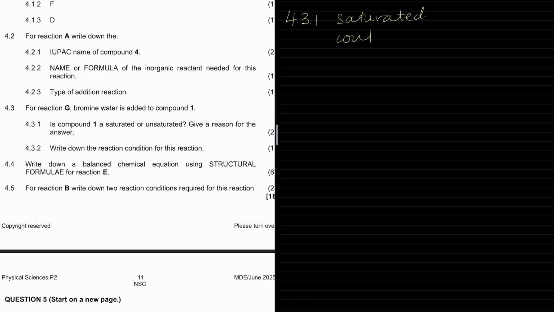Because it contains only single carbon-carbon bonds. 4.3.2, write down the reaction condition for this reaction. So there's a few, but one of the most important ones is you need UV light.